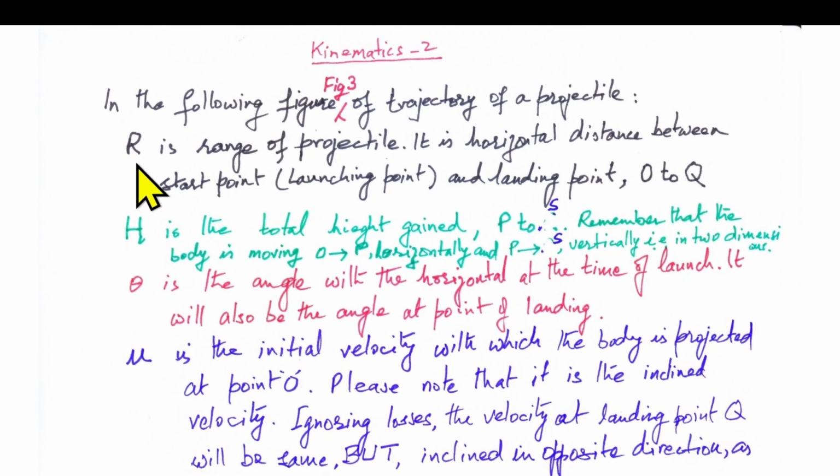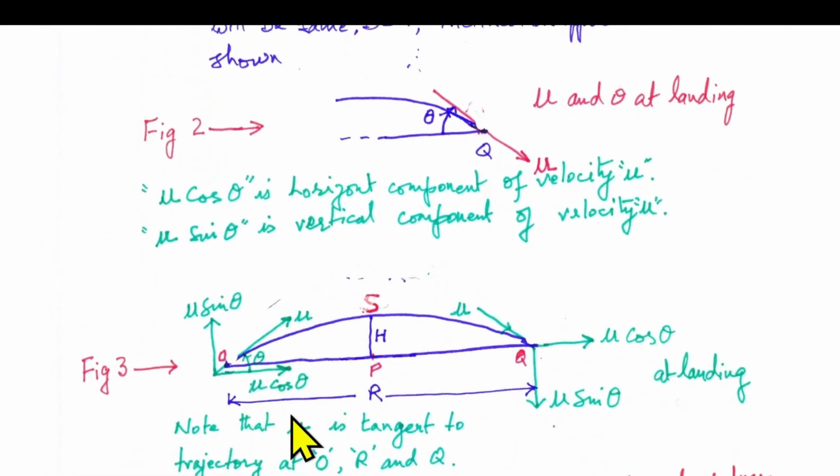Number one is capital R, and R is range of projectile. It is horizontal distance between start point and landing point, which is shown from O to Q.